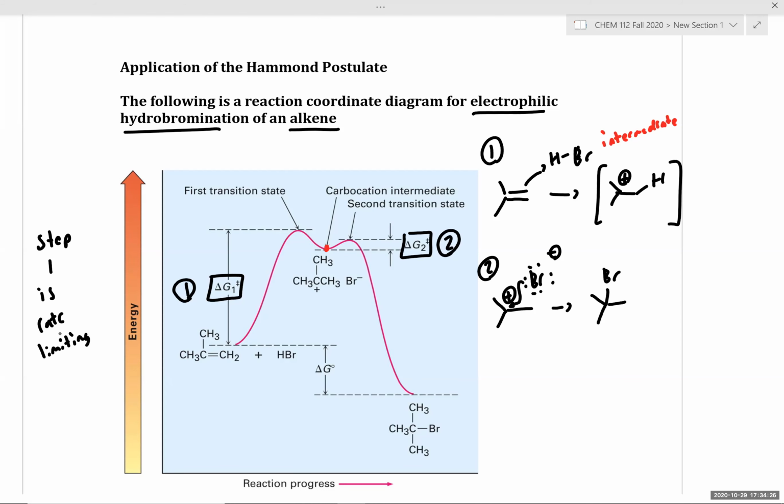Okay, so looking at the following reaction coordinate and looking at the first step, is this first step exergonic or endergonic? If we compare the Gibbs energy of reaction for our first step, is our first step exergonic or endergonic?